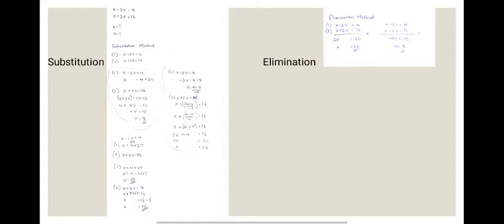I divide both by 2, so the 2 is gone and the negative 2 becomes negative 1. So 4 minus x over negative 1 will be negative 4 plus x. They both just change the sign, right?